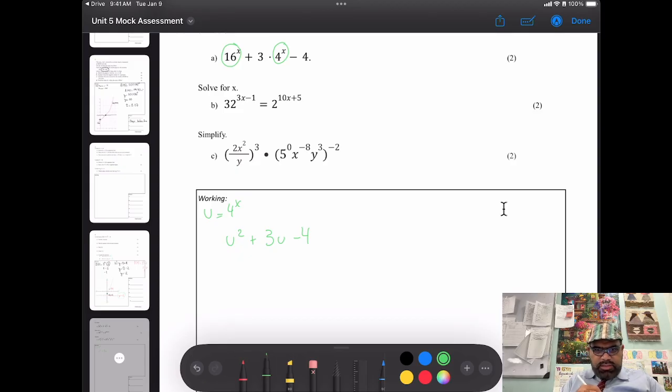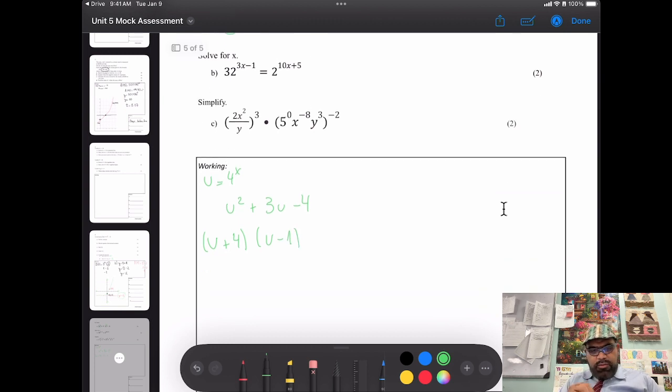Then this is u plus 4 and u minus 1. Bringing back the u, the final answer here is 4 to the x plus 4, 4 to the x minus 1. Done. Don't do anything else. Stop here.